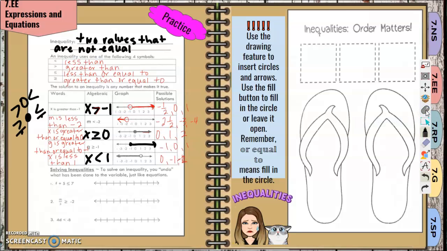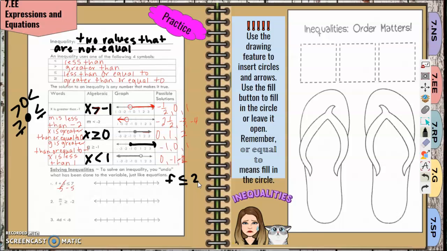When solving inequalities, you have to have your variable on the left-hand side. And then you solve it just like you solve equations. The opposite of adding 5 is subtracting 5. What I do on one side, I have to do on the other. And this is f is less than or equal to 2.